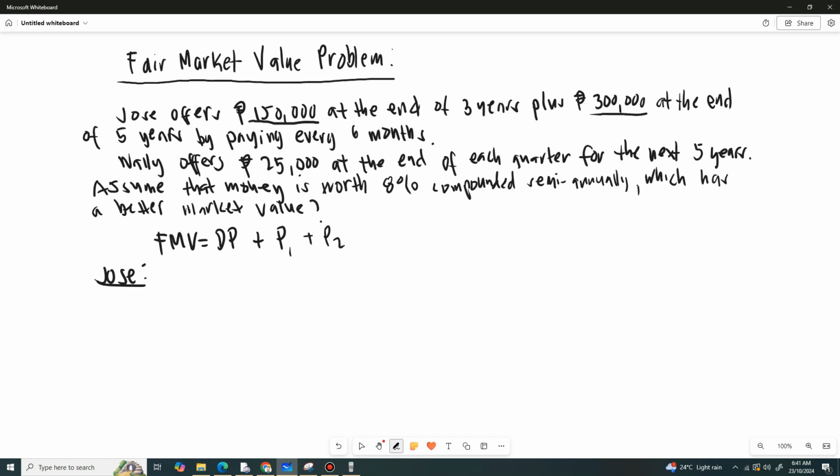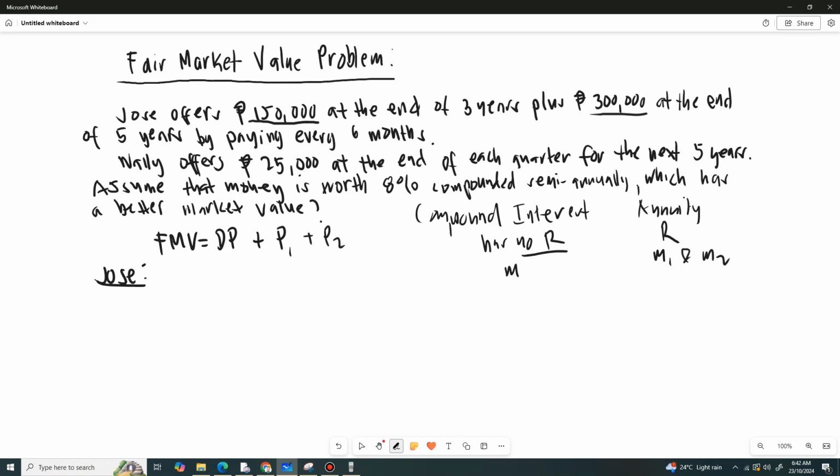When we say compound interest and its difference with annuities, compound interest has no periodic payment or regular payment. It has no R, okay? While annuity has periodic payment or regular payment. And then sa compound interest, isa lang ating conversion, M. While annuity has two M's, we have M1 and M2.